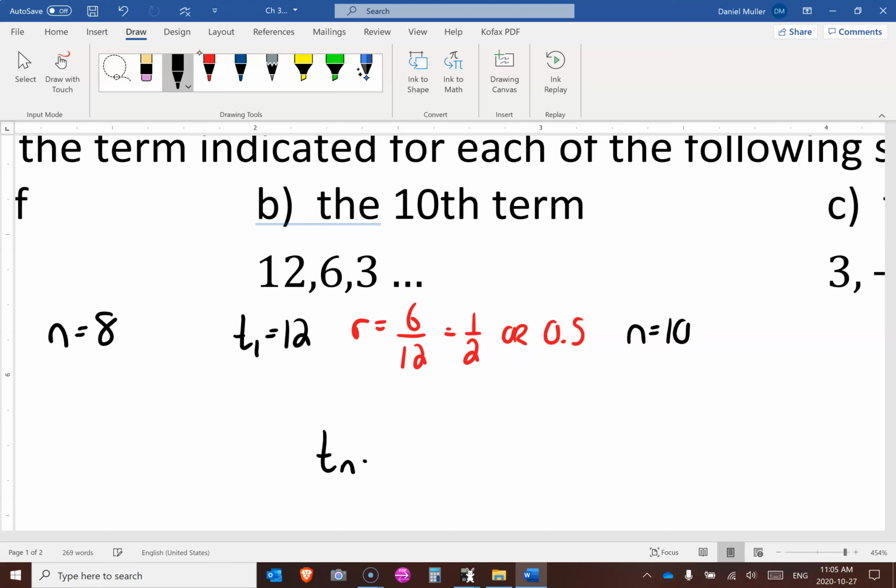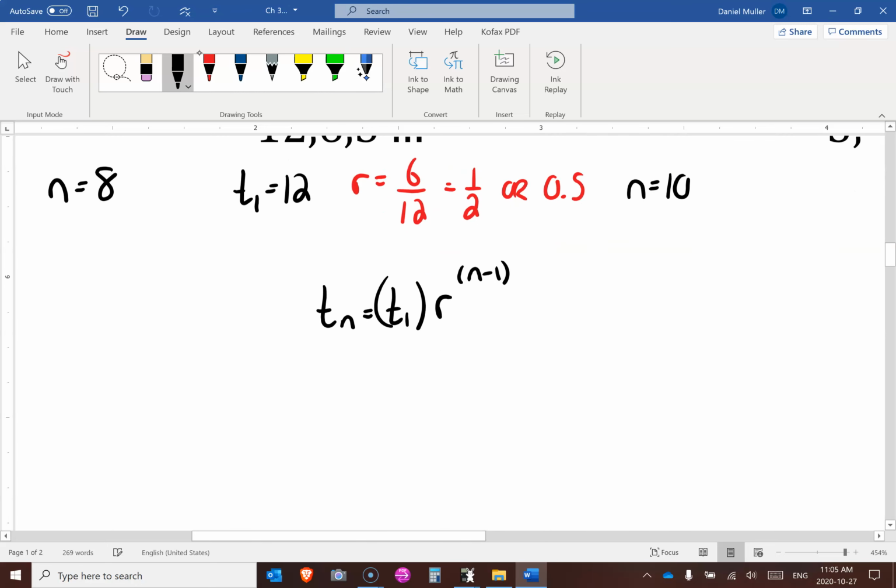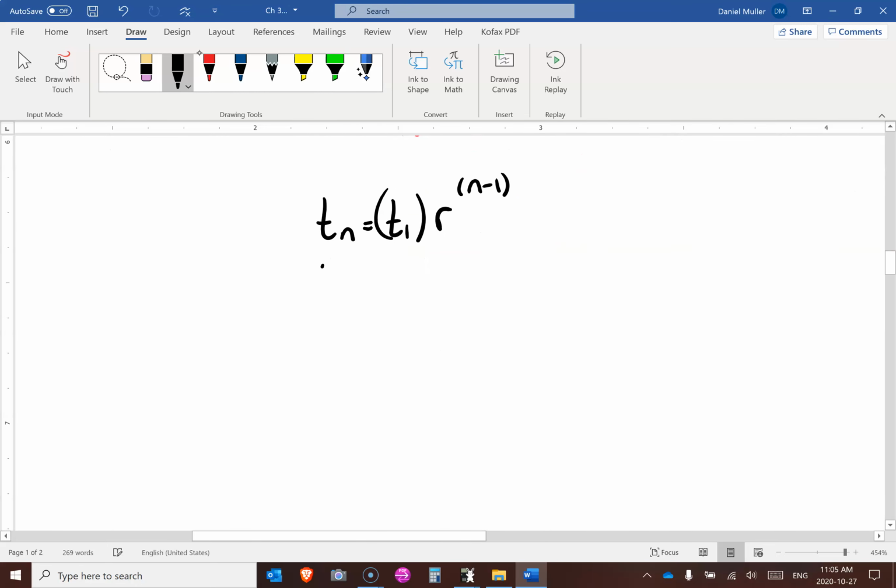So Tn is equal to T1 times R to the n minus 1. And so we're doing T10 here, and 12 is our first term. Then 1/2 to the, you don't need brackets in it, but sometimes you can, 10 minus 1.